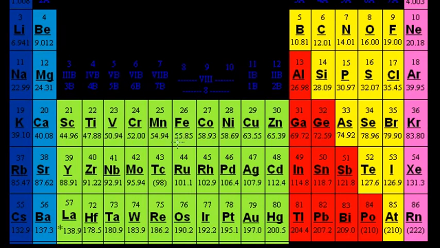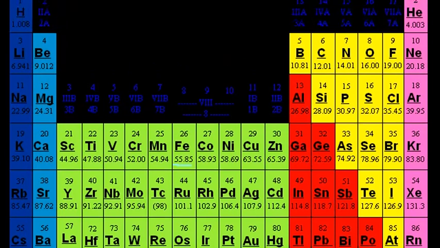Iron is 55.85. I think it's fair enough to round to 56. Let's say we're dealing with the isotope of iron that has 30 neutrons, so it has a mass number of 56. So iron has 56 atomic mass number, and oxygen we already know is 16.